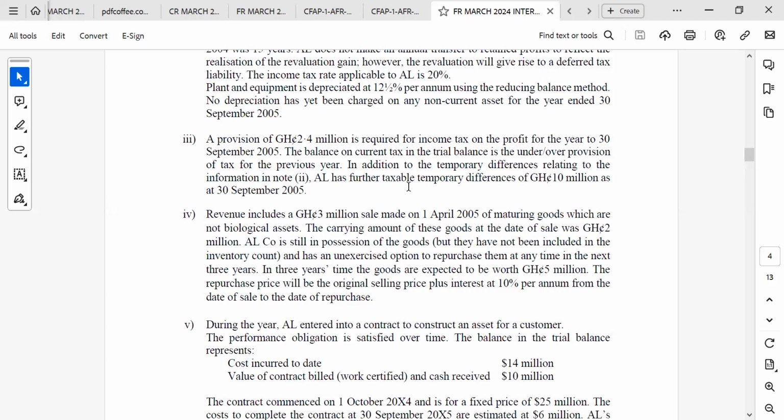The person has given the 3 million to you. That 3 million will be treated as a loan because control, possession associated with the inventory has not been passed on to the third party. You can only recognize revenue when control, ownership, risks, maintenance associated with the inventory has been passed on to the third party.